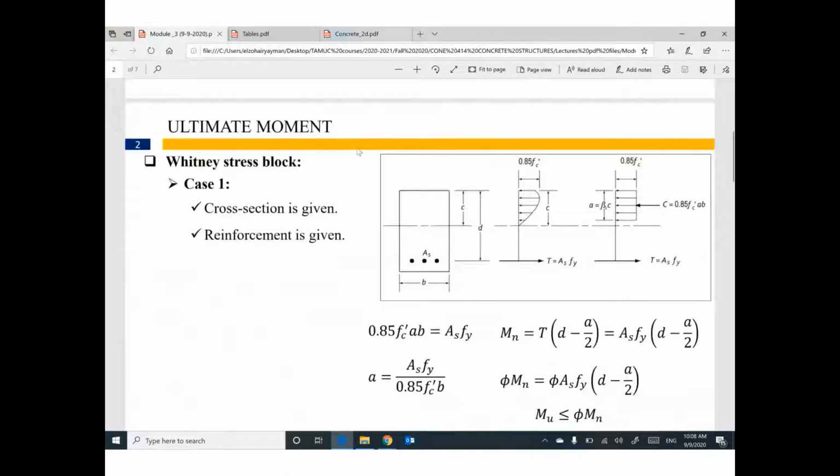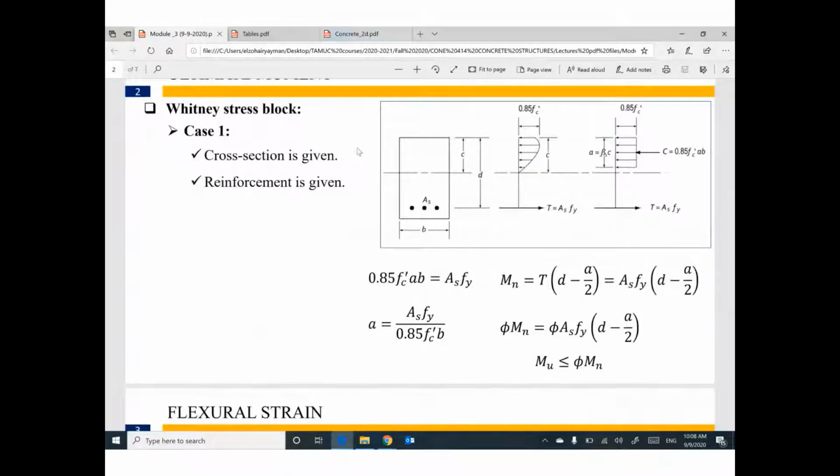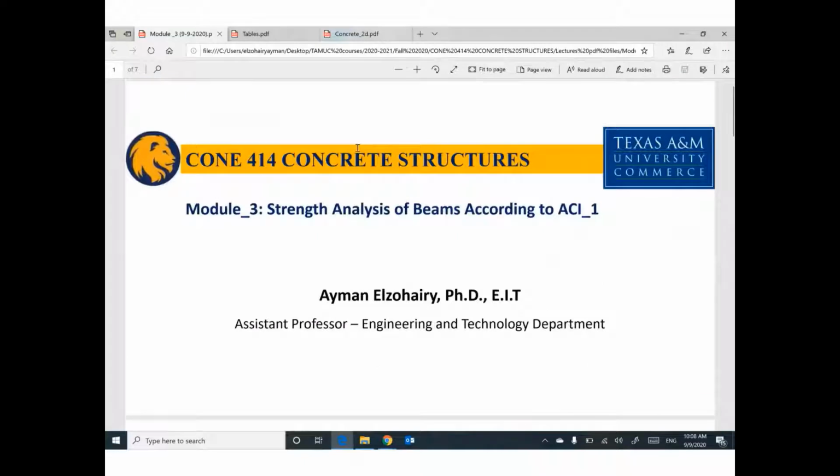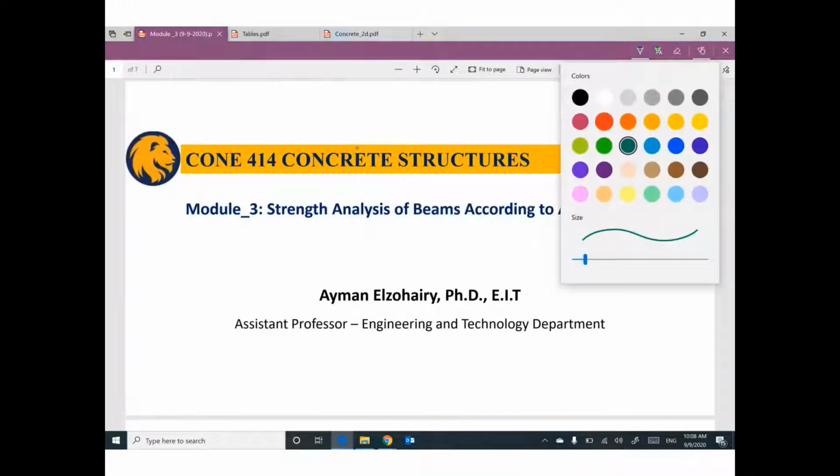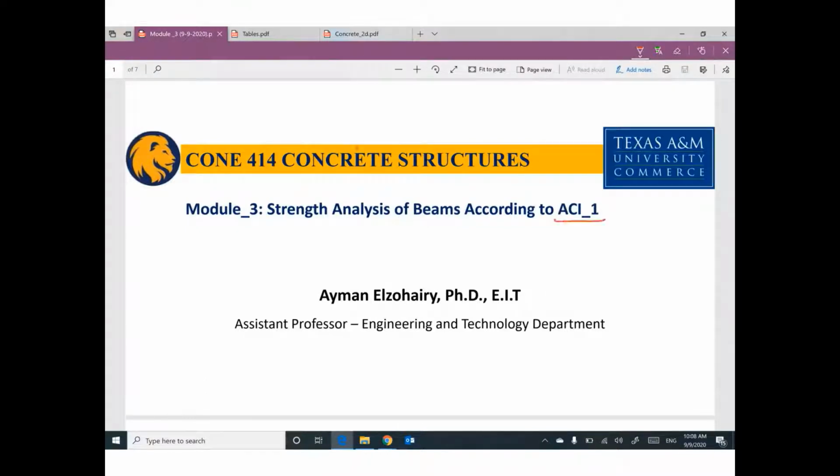Just to remind you, this week we will learn what's going on in ACI. Everything related to concrete design is included in something called the American Concrete Institute Standard, ACI 318. Probably the version right now is 2018.